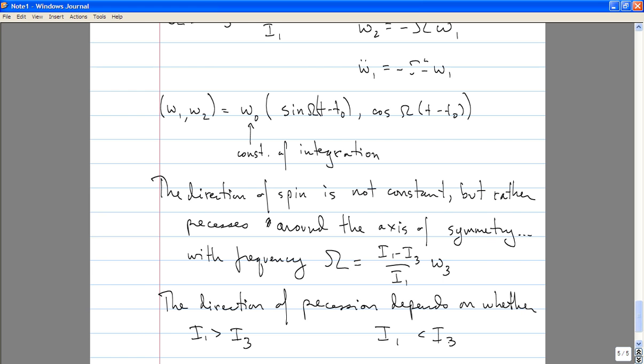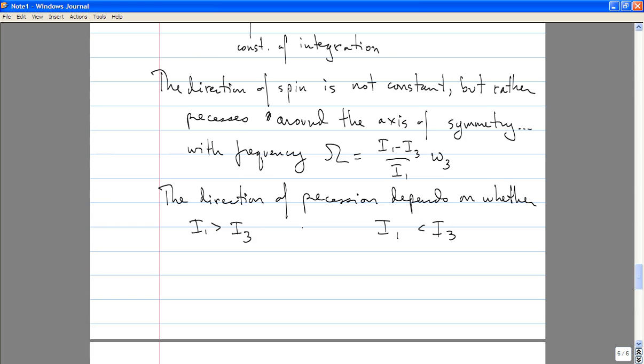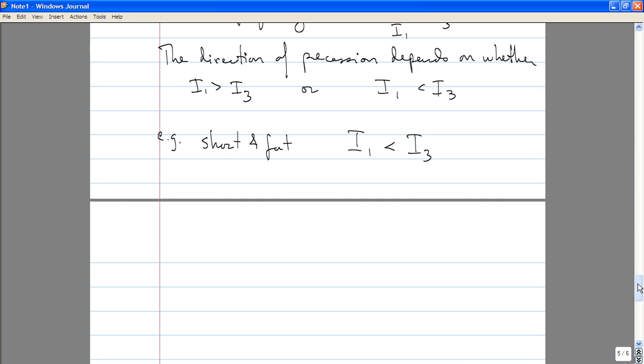So, for example, if you have an object which is short and fat, so that I1 is less than I3, then capital omega is negative.